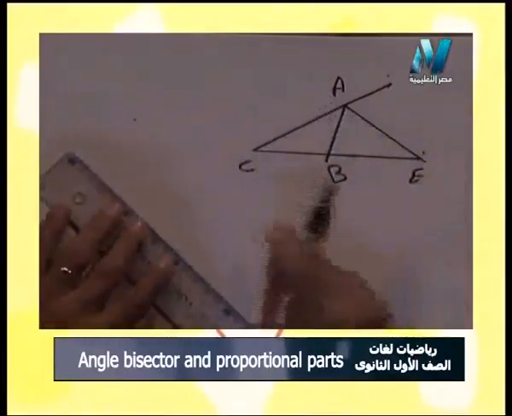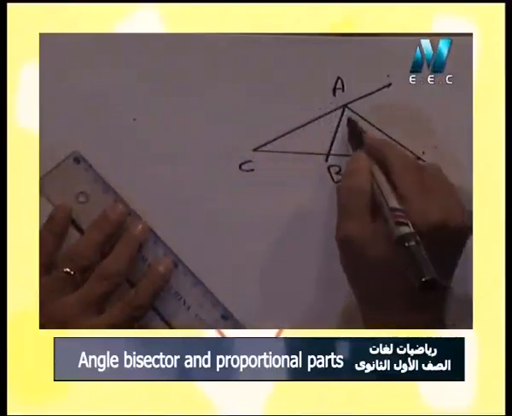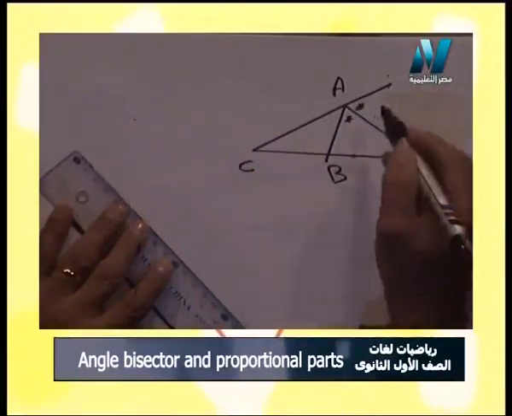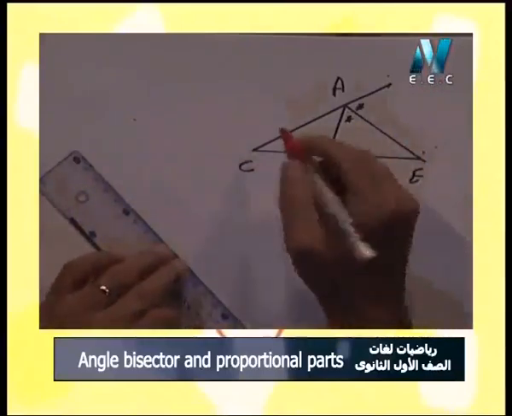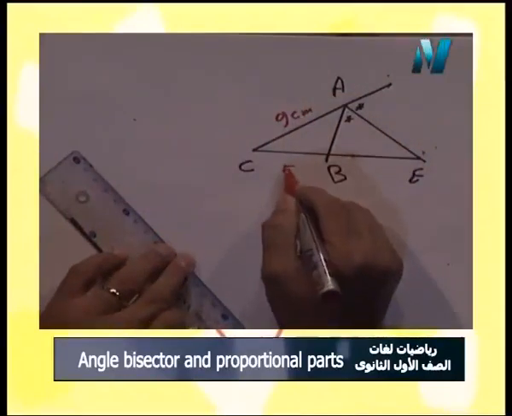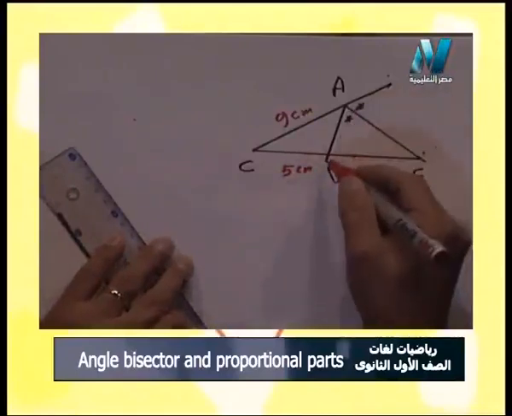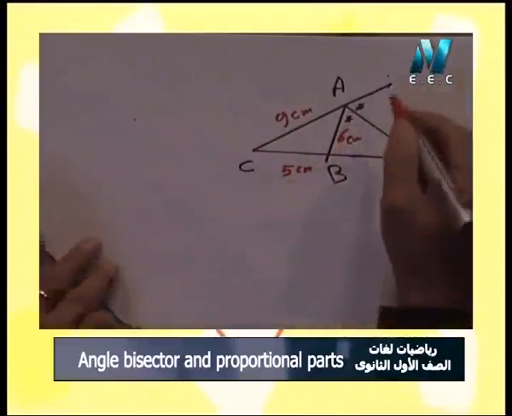E here belongs to the ray CB. Okay, this angle equals the measure of this angle. And we have some lengths here: AC equals 9 centimeters, CB equals 5 centimeters, and AB equals 6 centimeters. Okay, this is the ray.